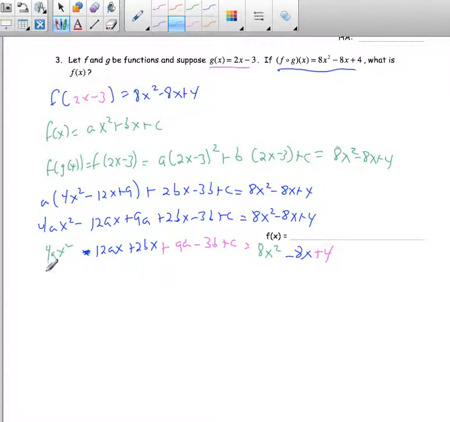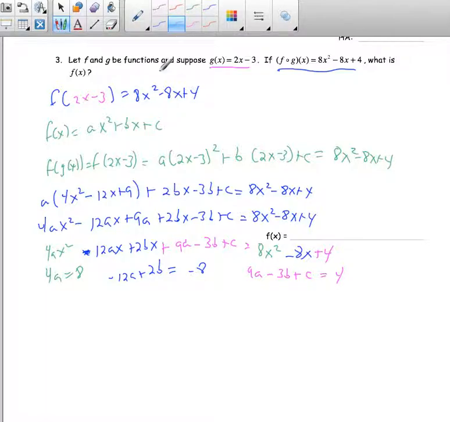The first one would be that 4a equals 8, because 4ax squared has to equal 8x squared. The second one would be that negative 12a plus 2b has to be equal to negative 8. And the third equation that we're going to write is 9a minus 3b plus c has to equal 4.